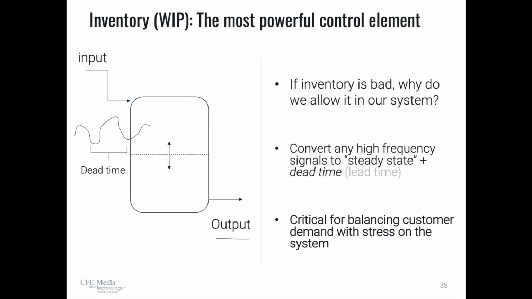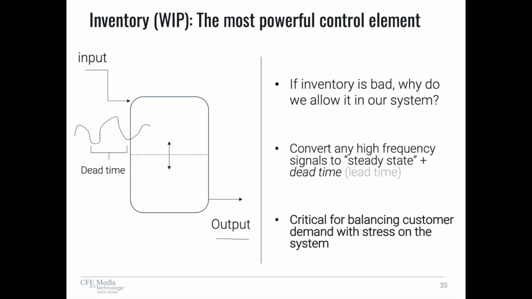And then if you have large inventory, you can actually convert that high frequency signal, which our systems don't like, to a low frequency system plus a dead time equal to about the period of that sinusoid. So we naturally start to collect inventory and work in process to absorb high frequency shocks from our customers.